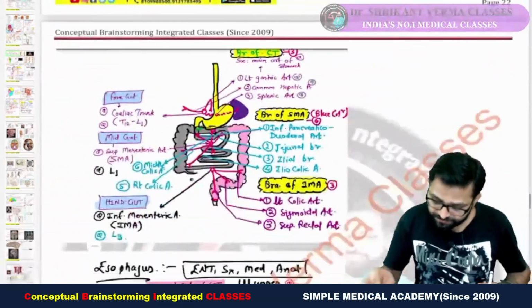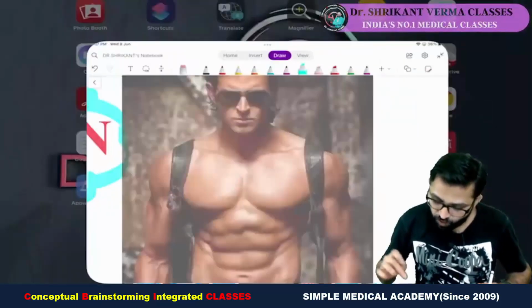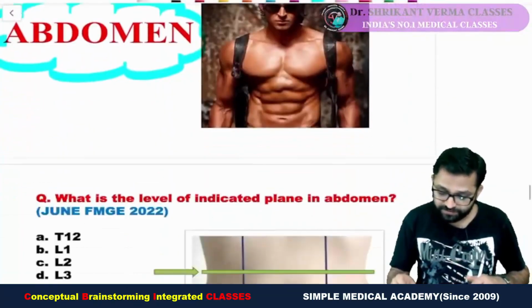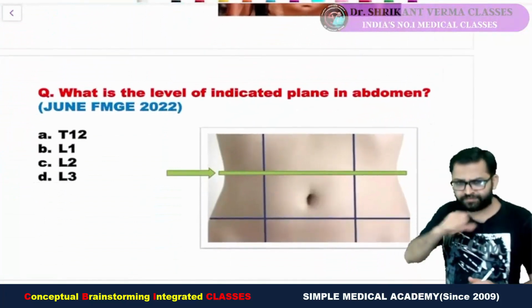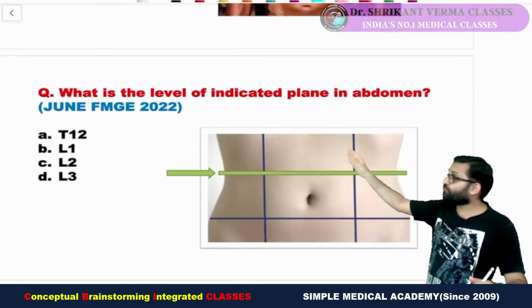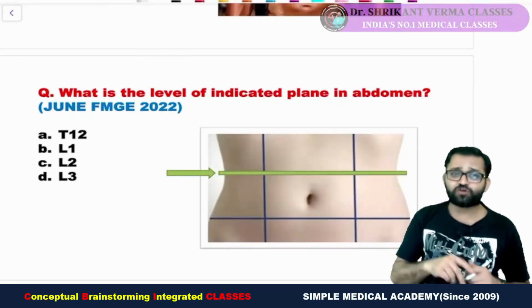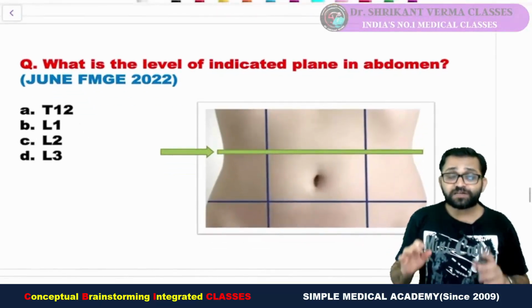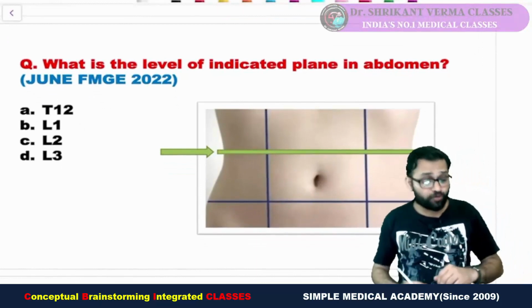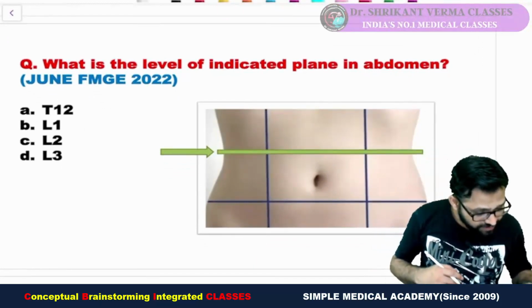Yes, see here, what different questions had been asked. See here, first question. Actually this is a question from the basics of anatomy, the general anatomy part, introduction of the abdomen. See here, there are certain planes which divide our abdomen into 9 quadrants. Getting the point?